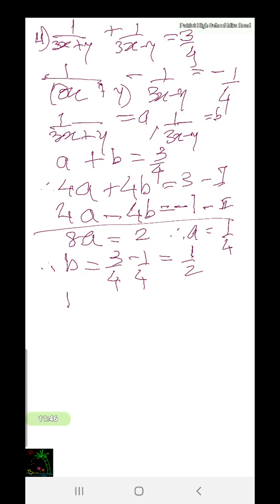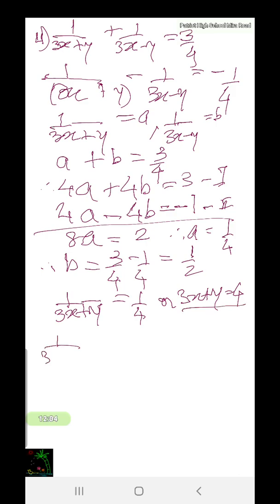Therefore 1 upon 3x plus y is equal to 1 upon 4, or 3x plus y is equal to 4, and 1 upon 3x minus y is equal to b, and b we know is equal to 1 upon 2. Therefore 3x minus y is equal to 2.